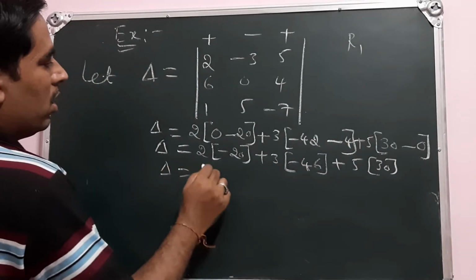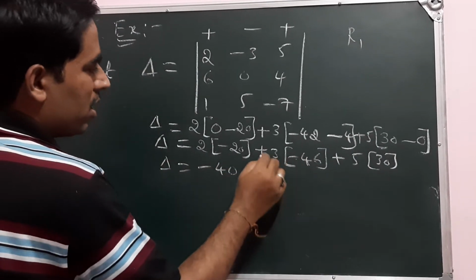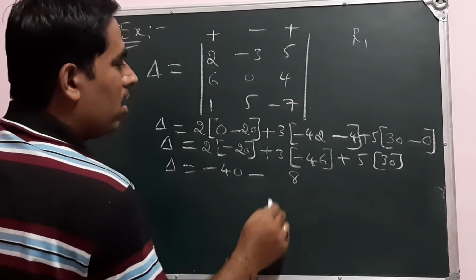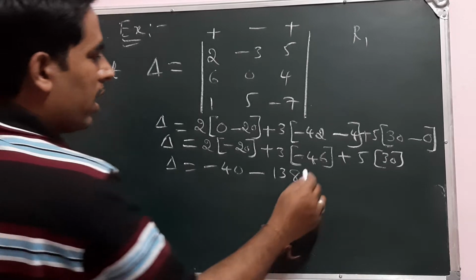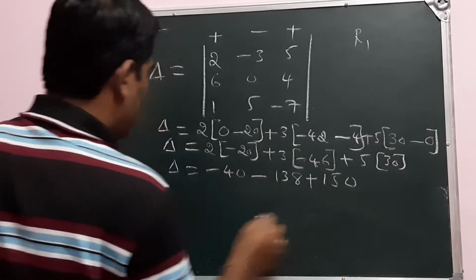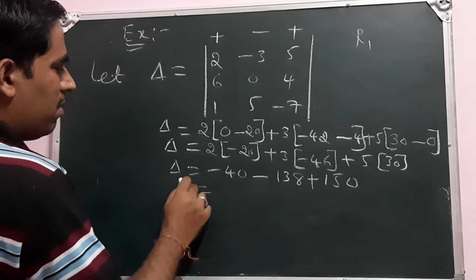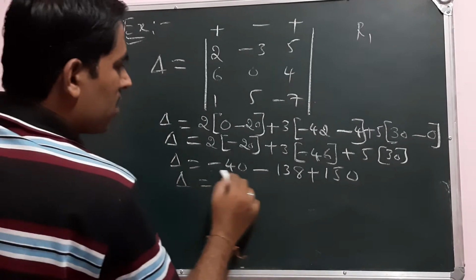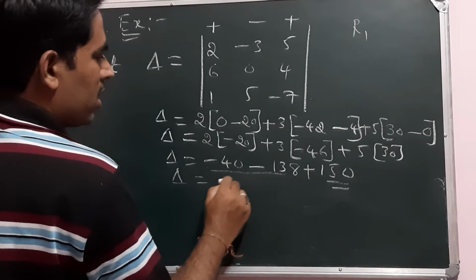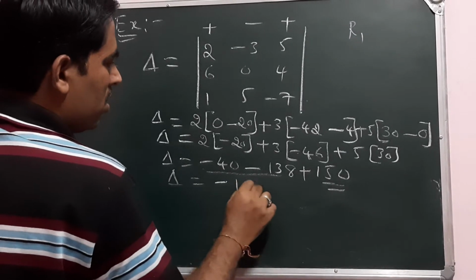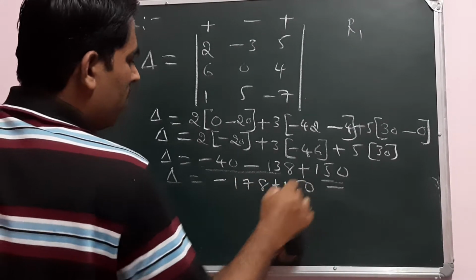So then minus 40, plus into minus, minus here, this is 138, then plus 150. Okay, so we can make the simplification here: minus 40 minus 138 plus 150. So what will it be? Minus 178 plus 150.